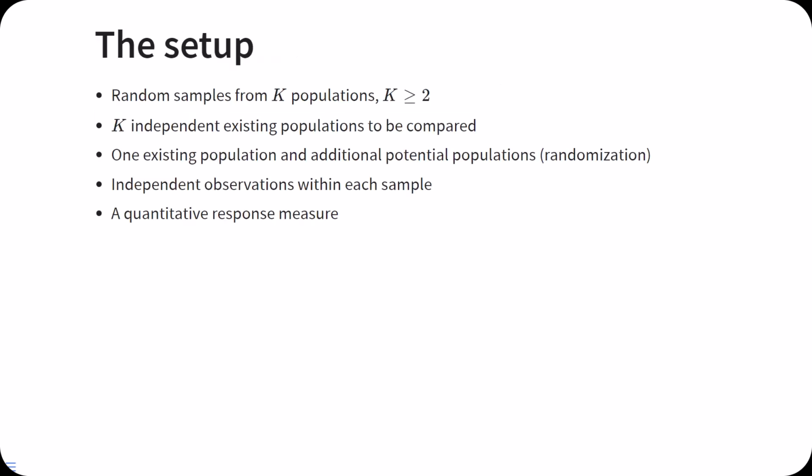Here's the setup. You should be familiar with this from the last video. We draw random samples from K populations where K is greater than or equal to 2.